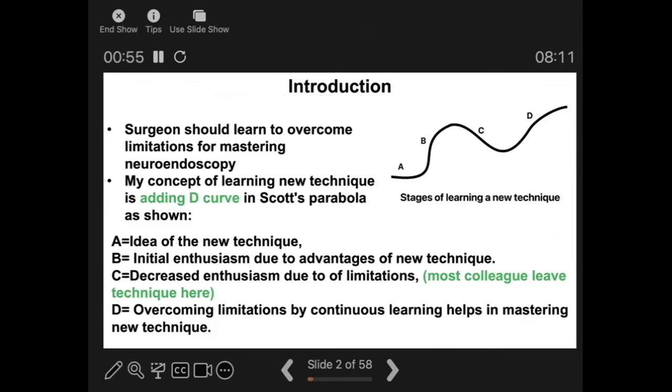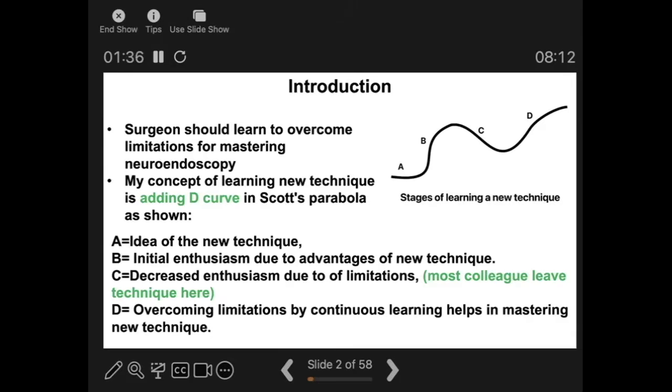I introduce a D curve in Scott's learning parabola, which includes stage A, that is the idea of the new technique; stage B, initial enthusiasm from its advantage; C, decline in the enthusiasm due to limitation, where many of the colleagues discontinue endoscopic treatment because of the complications associated, because there are limitations in the endoscopic technique.